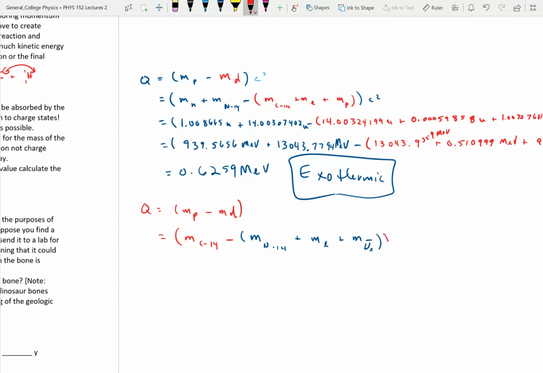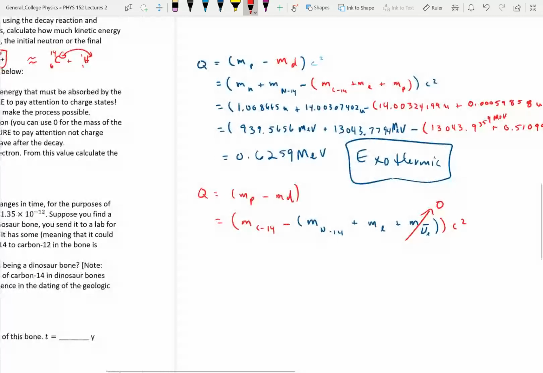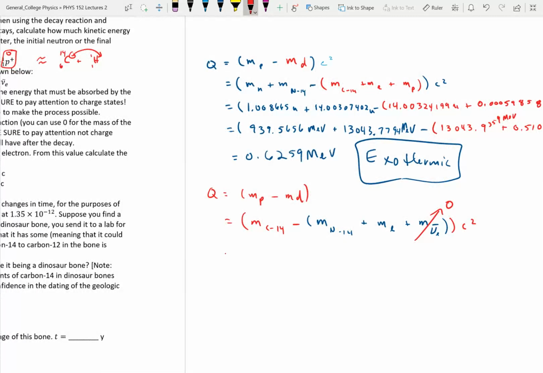And as I said in the instructions, and don't forget the c squared, we are going to just ignore the mass of that neutrino. It's very small. And so this is a simpler calculation.